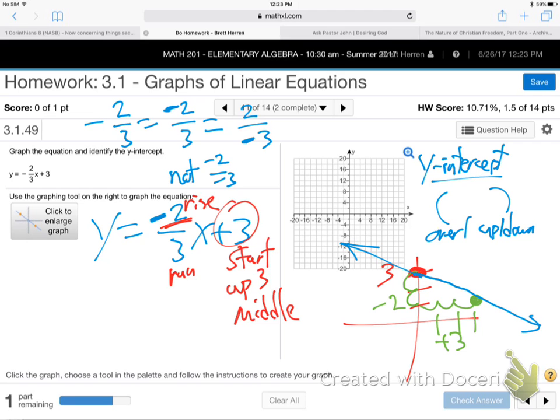So this dot right here is what we're talking about. The Y-intercept's right there, where it hits the Y-axis, the vertical grid. So that's over 0, up 3, isn't it? From the origin you go over 0, up 3. Is that good? Questions on that one?